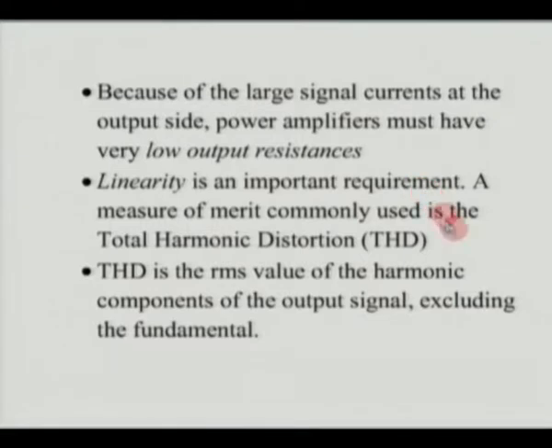Now when we talked about small signal amplifiers so far, we took something for granted. Why did we talk about small signals? We talked about small signals because we said that if you could keep your input signals in a common emitter or a common base or a common collector amplifier to be about 10 millivolt or so, then we could assume that the nonlinear distortion is almost not there.